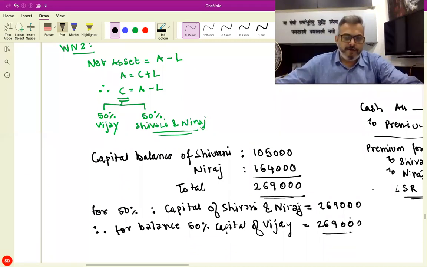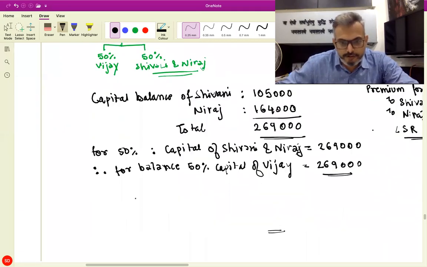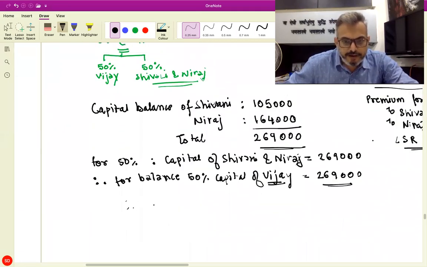So this is what we have to find. This is the amount which Vijay will bring. So therefore, we pass the entry.